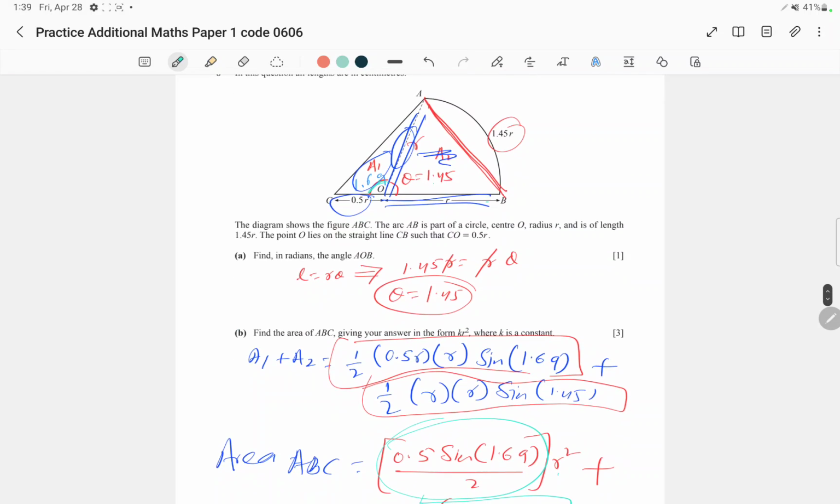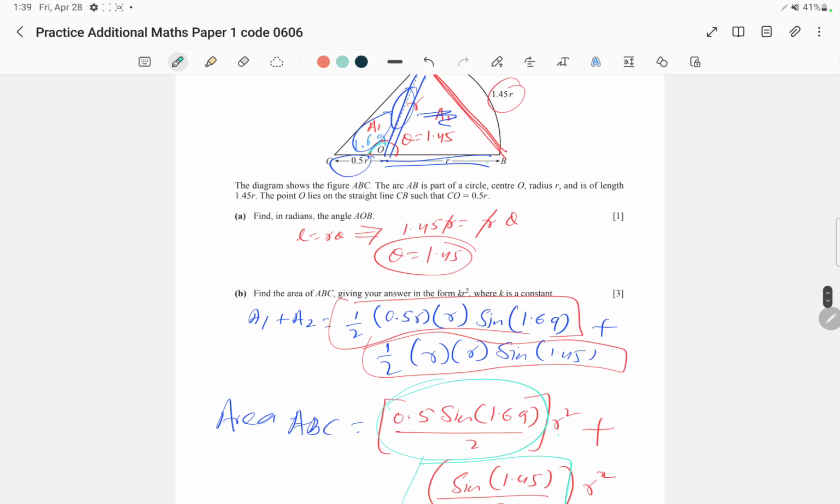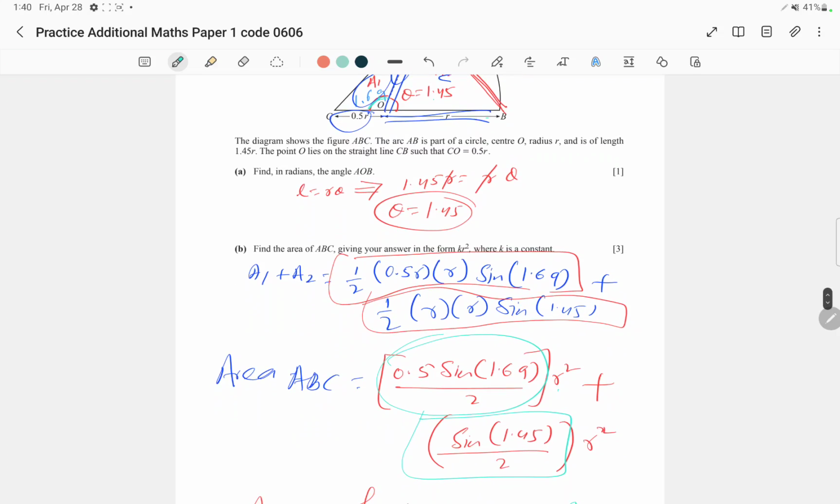So this is 1 over 2 times 0.5r times sine 1.69 plus 1 over 2 times r times sine of 1.45. Now 0.5 times sine 1.69 over 2 and sine 1.45 over 2, r squared. Yeah, so what's the problem?